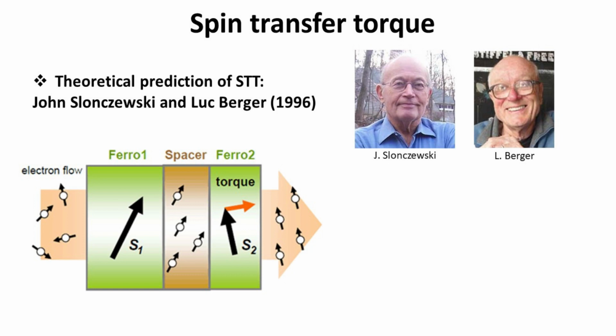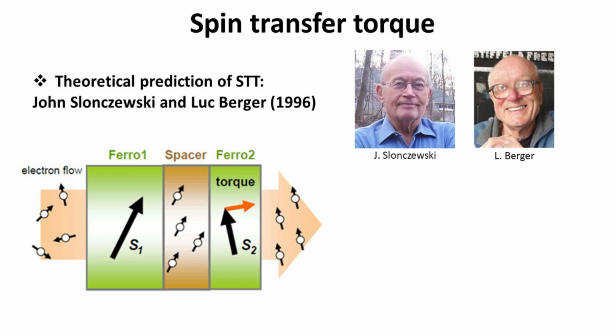The spin transfer torque effect was theoretically predicted by John Slonczewski and Luc Berger in the 90s. The basic idea of spin transfer torque is as follows: the current passing through the MTJ device is initially unpolarized. That is, the electron spin orientations are randomly distributed, such that no net spin polarization exists. However, as the unpolarized current passes through the first ferromagnetic layer, the fixed layer, it gets spin polarized along the direction of the magnetization.